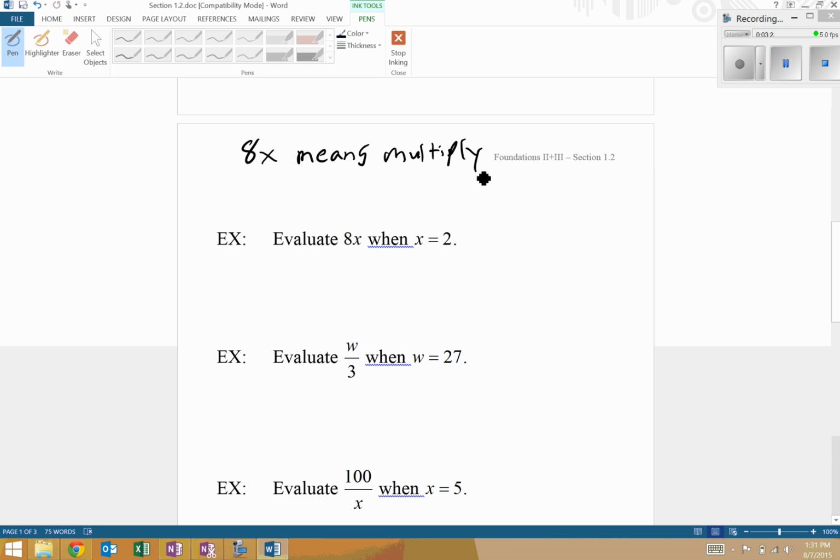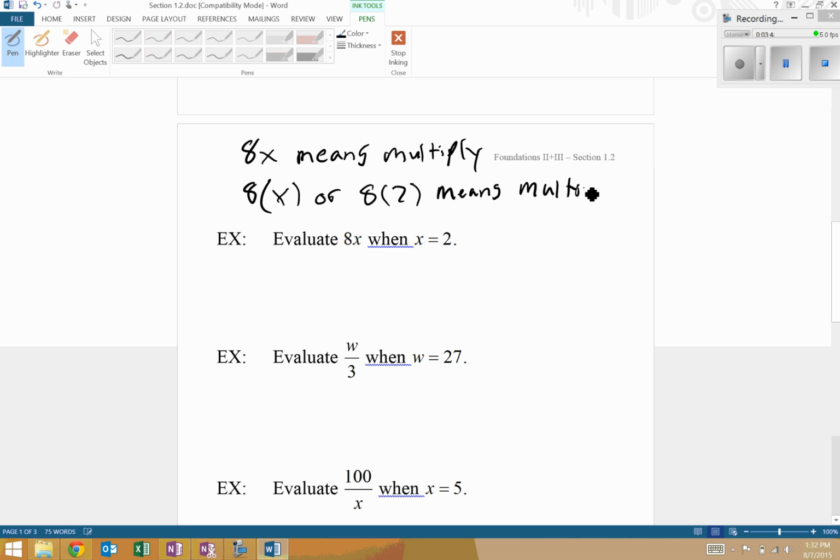When you have a number squished up with a variable, it means multiply. Also, if you have a number squished up against a parentheses, anything could be inside the parentheses. It could be x, or it could be like a number. Okay, so when that is squished together, that means multiply.